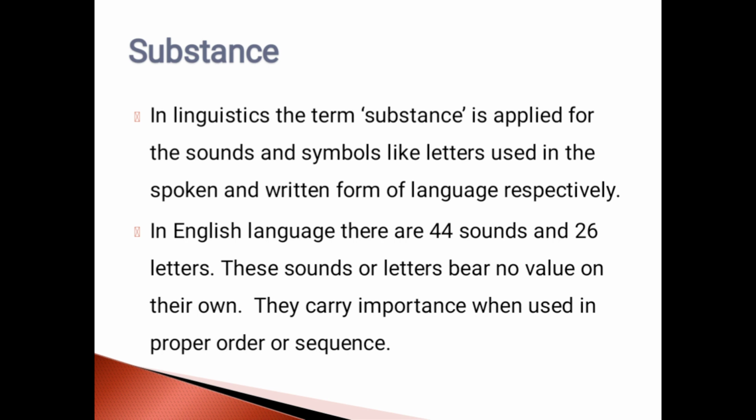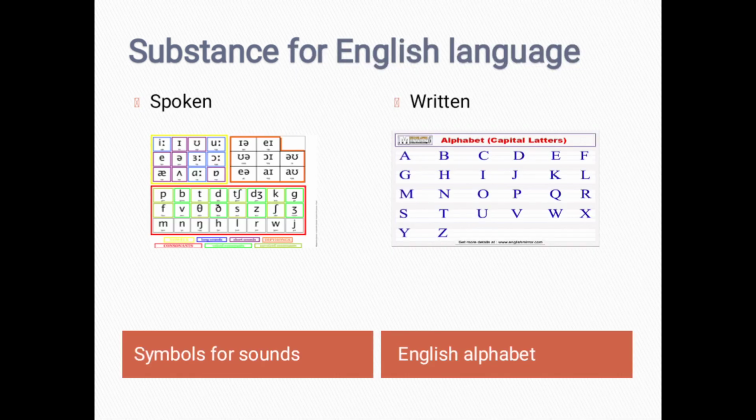These sounds or letters bear no value on their own. They carry importance when used in proper order or sequence. Let us see what is the substance used in the spoken language and in written language.